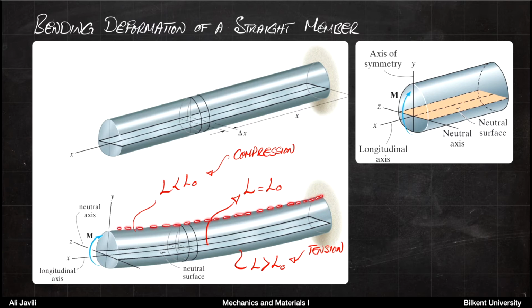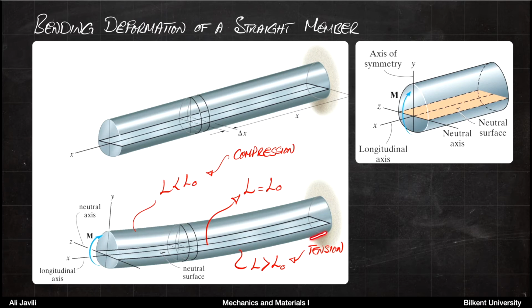So if you think of, for instance, the last line on top, you can imagine that after bending, the length of that line is smaller than its original length. So if you assume the original length was L0 here, after bending, you are basically compressing the line which is on top. So the line on top is under compression and its length is smaller than its original length.